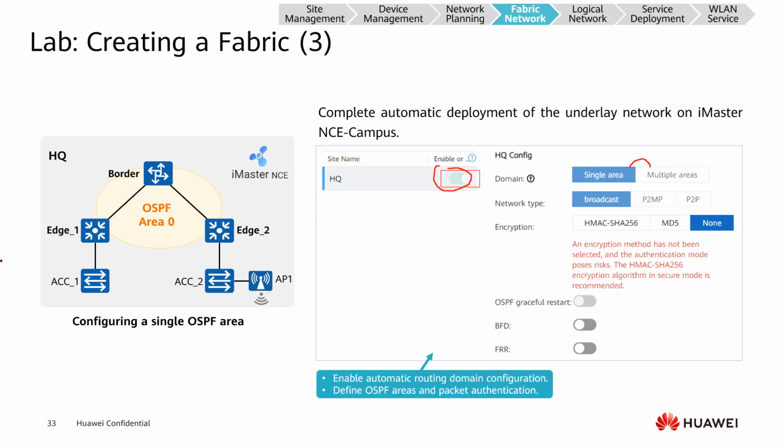So someone asked me, is the underlay automatically configured based on IPv4, IPv6, or dual stack? Listen clearly to this question. If we enable this function, will only the IPv4 configuration be delivered, or the IPv6, or the dual stack?